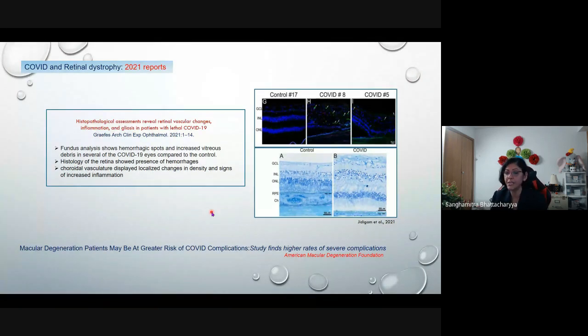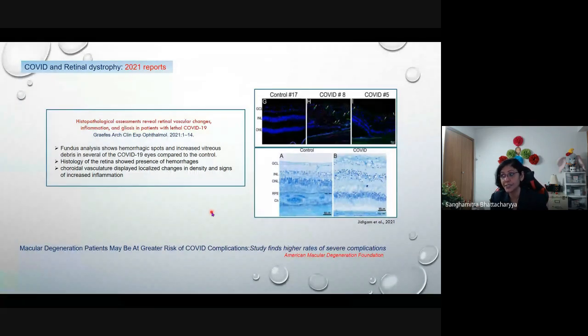A very recent publication from the lab group has shown that yes, COVID infection is definitely connected to retinal degeneration. So what we did is we took sections of the retina and we did two types of experiments.